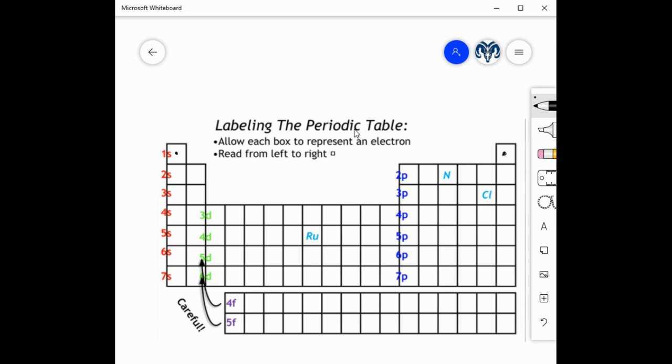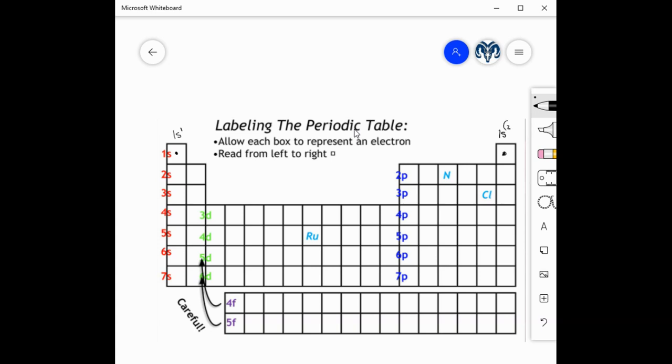Each box is an electron. Now remember, this is our first energy level, and it's the S. So there's a spherical shape and just one orbital. So this is 1s1. Over here, this is 1s2.